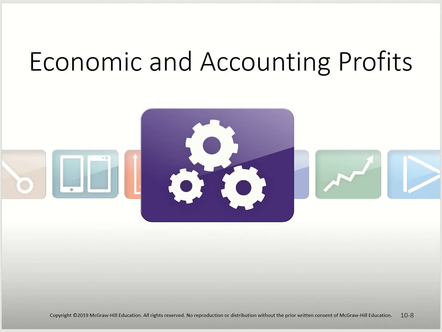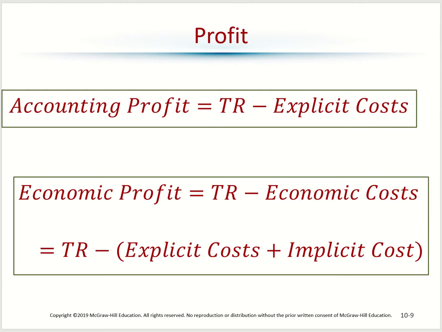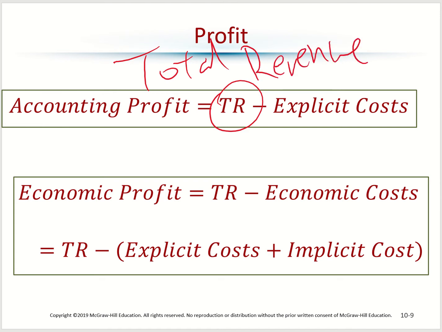Next is the difference between economic profit and accounting profit. Accounting profit is what you show on the book. That's what the government cares about, what the tax revenue cares about. Your accounting profit equals your total revenue, and by the way, TR stands for total revenue, minus your total explicit cost, so everything you must pay money out.